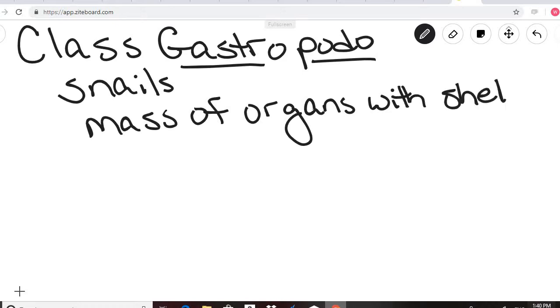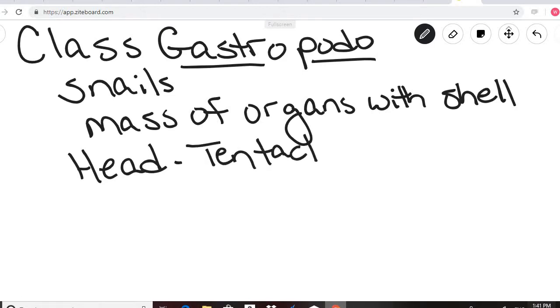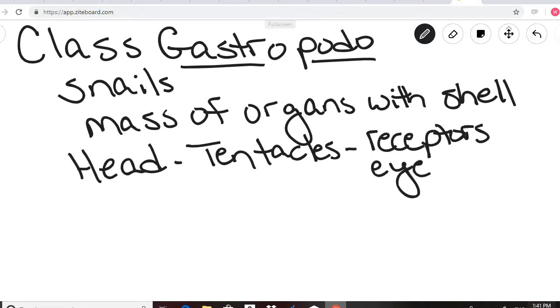We'll look at a picture here in a moment. They have a head, and we'll see when we look at the picture that the head has tentacles. And those tentacles have receptors on them that are used to sense the environment. Some of them also have eyes. They don't all have eyes, but some of the tentacles do have eyes on them. We will see that they have a radula on their head.